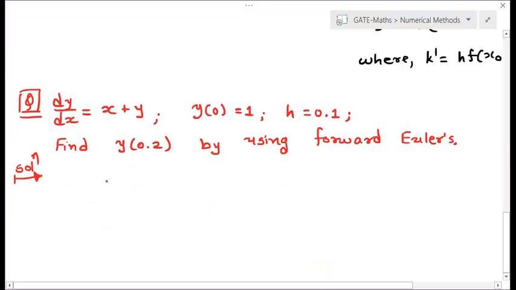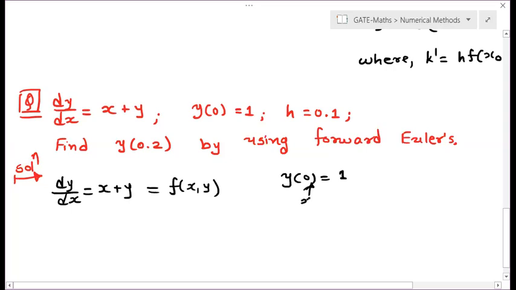So we all know the forward Euler's formula, right? dy by dx is given to us: dy by dx is equal to x plus y. So from here, just identify that this is f of x, y. y of 0 equal to 1 means this is our x naught and this is our y naught. Step size is 0.1.